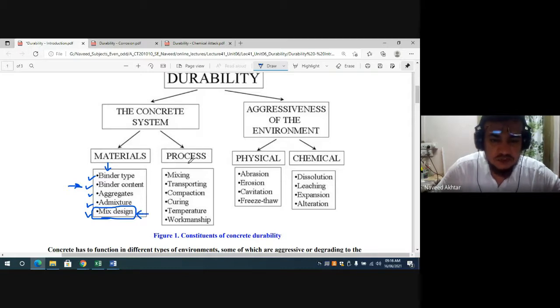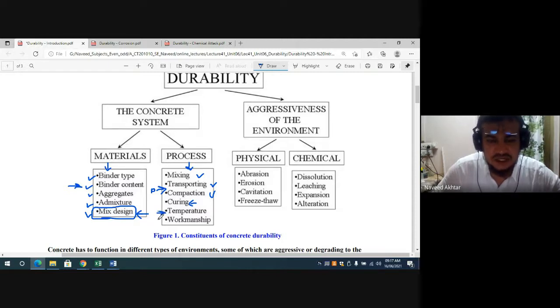Then comes the process of mixing or manufacturing of the concrete, then transportation, and then placing of the concrete. Then compaction. Also, when you use cement or cementitious material, there is the hydration process that needs water for curing, to gain the hardened mass, or to convert the fresh mass into calcium silicate hydrates.